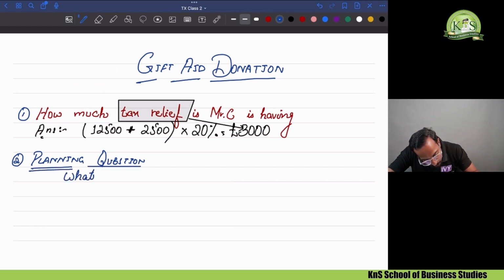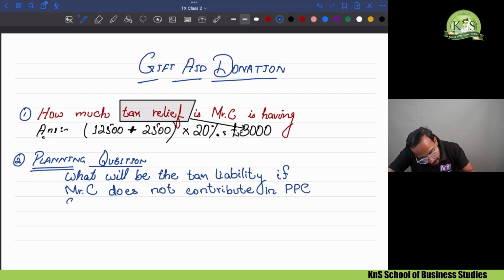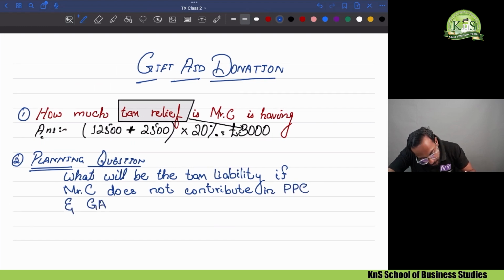What will be the tax liability if Mr. C does not contribute in PPC and gift aid donation?